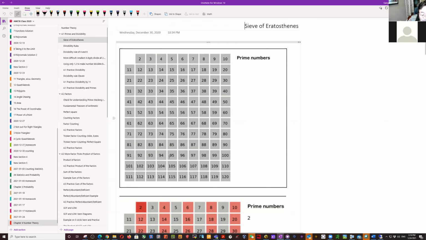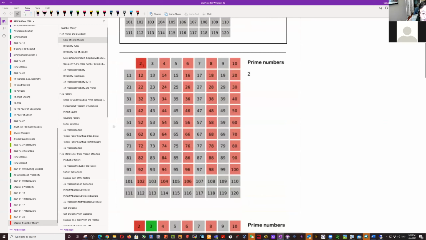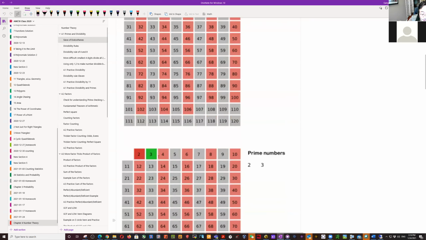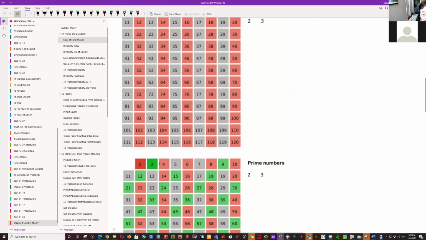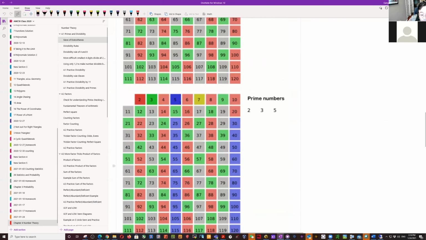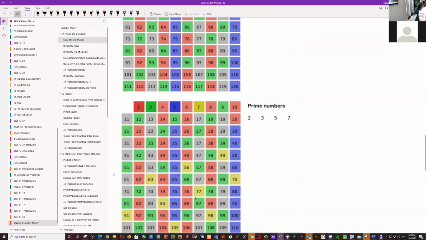So you list the numbers, and 2 is a prime, so it's labeled. Then all the multiples of 2 we color, because those are composite. Then we also repeat for 3. 3 is a prime, and all the multiples of it are composite. Then we do 5, and we do 7.